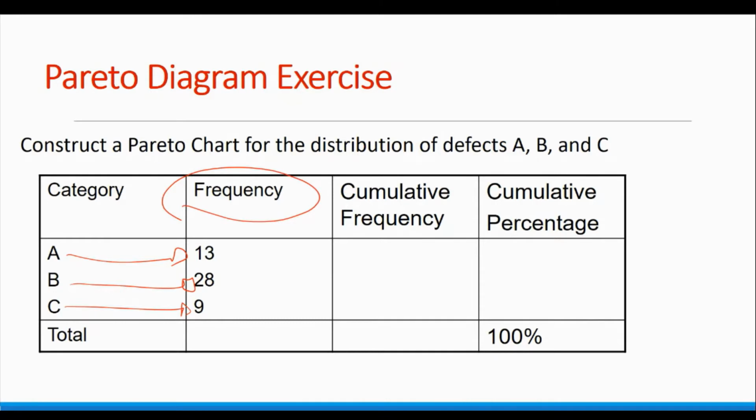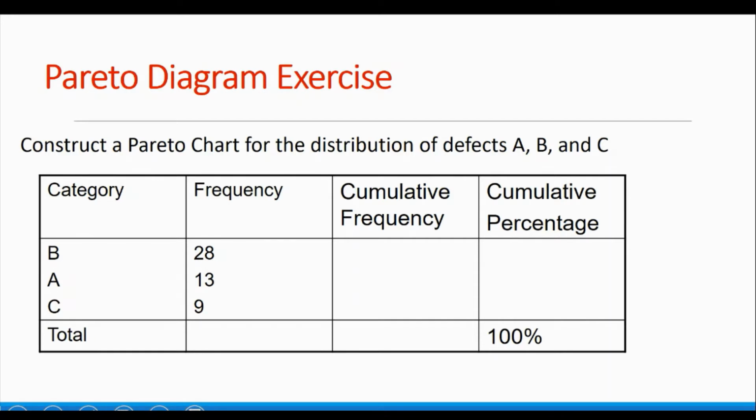So a Pareto chart, as per definition, should be organized from highest frequency to lowest frequency. This is not organized from high to low. Okay, the highest frequency is B, so we should reorganize this Pareto chart so that B happens first. Okay, all right. So this is the first step.